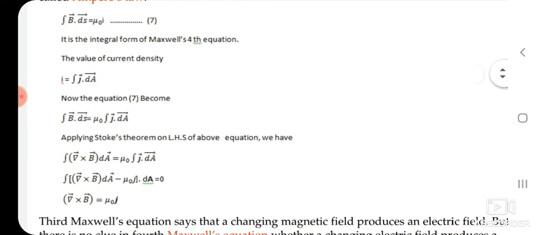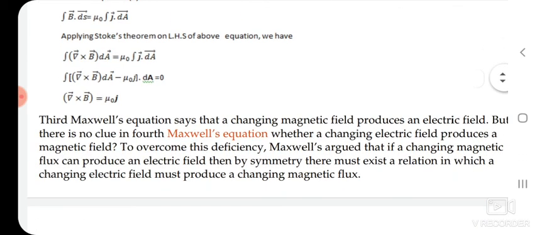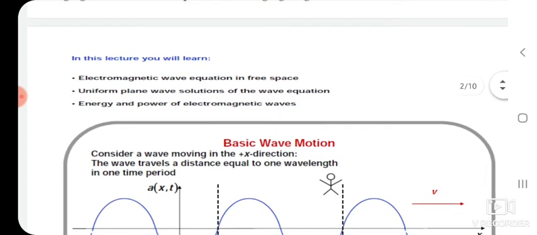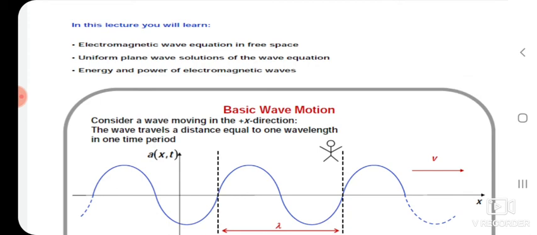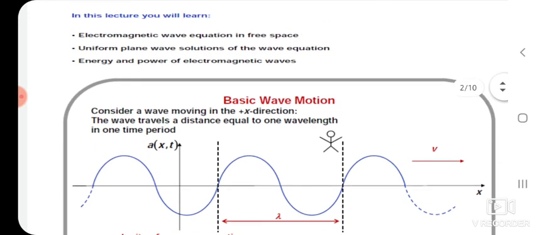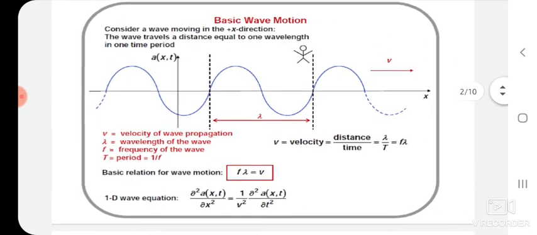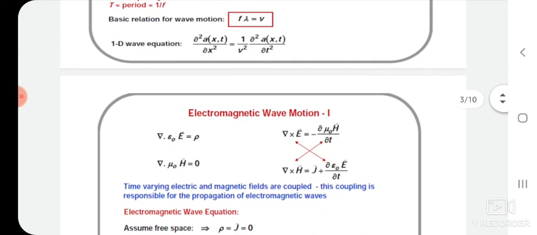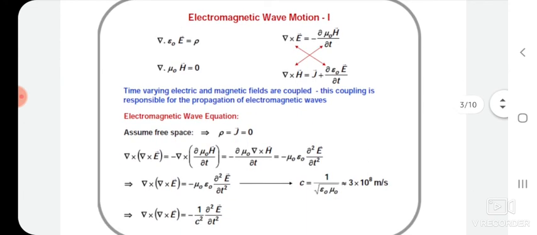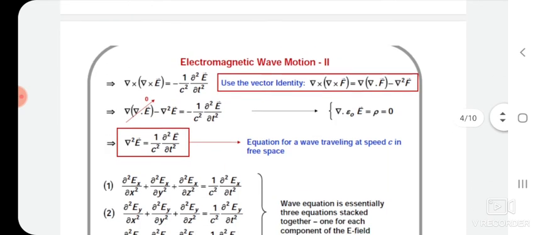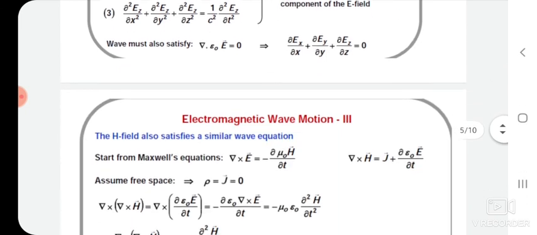If you have any doubt with this derivation, you can ask me anytime. Now, in the next lecture we will derive the electromagnetic wave equation in free space. For that we have to use all of Maxwell's equations: the first, second, third and fourth equations.